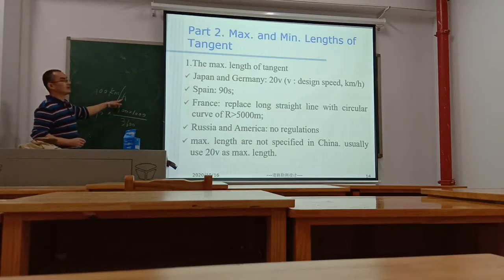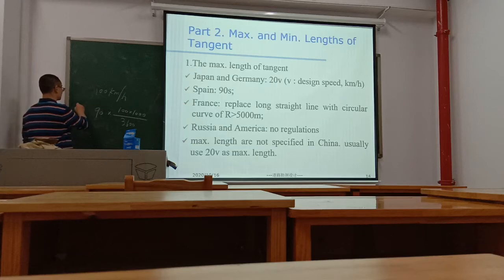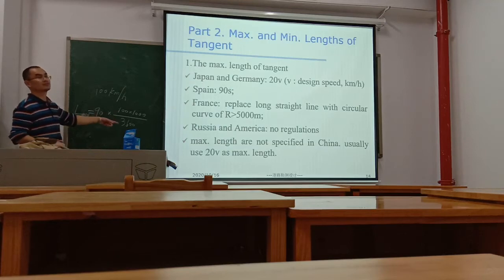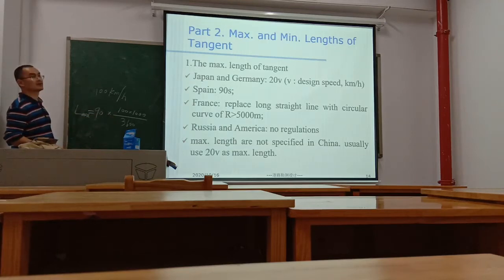One hour is 3,600 seconds. One kilometer is 1,000 meters. So the maximum length is 90 times the velocity.